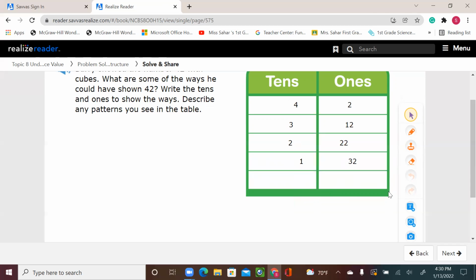Okay. I still have 1 more chance. I'm going to take the last 10 and I move all my tens to the ones. So I'm going to have 0 tens under the column where it says tens, and I'm going to have all my 42 ones.